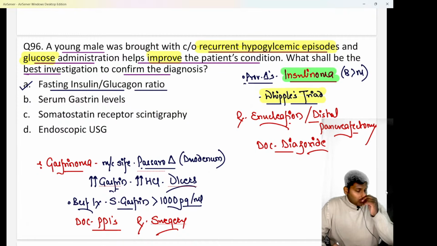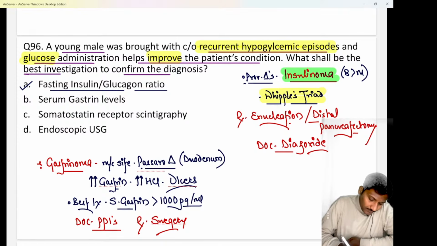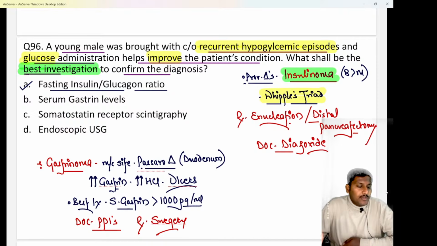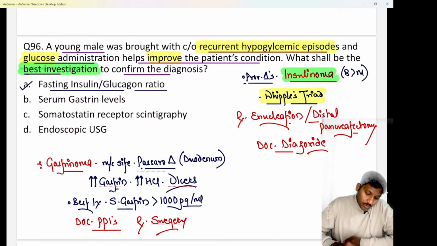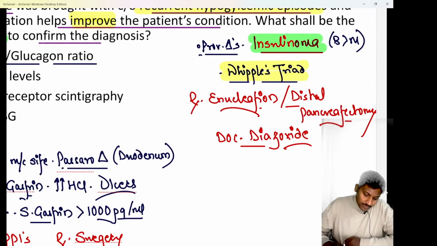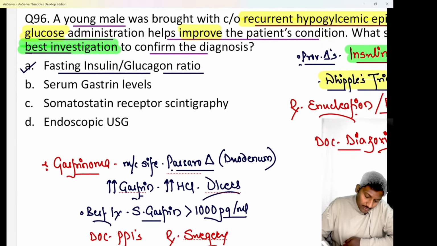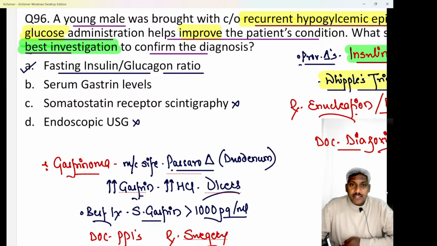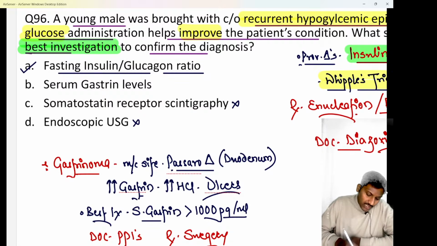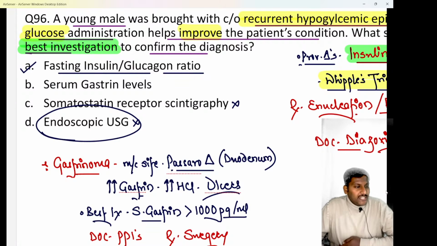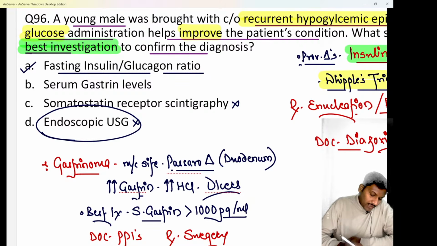For localizing the tumor, we can do somatostatin receptor scintigraphy or endoscopic ultrasound. Commonly we use endoscopic ultrasound to localize an insulinoma.